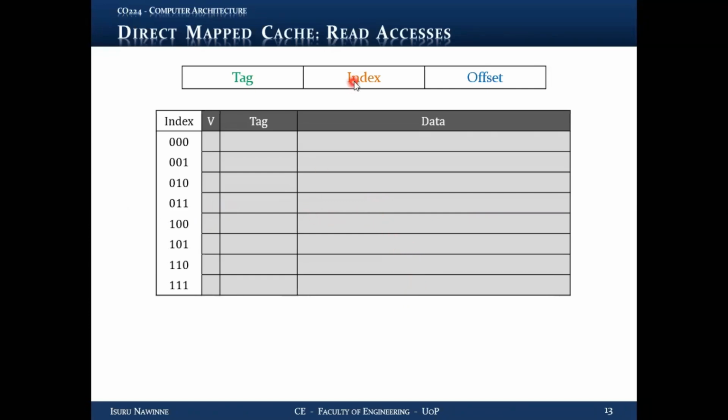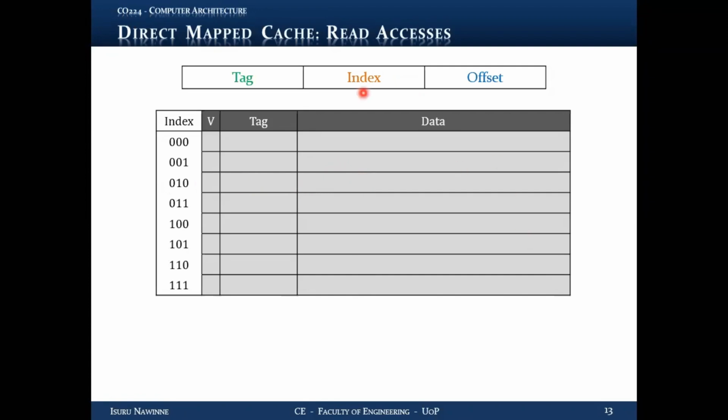The tag part of the address is stored along with the data, and we have to compare the tag of the incoming address and the stored tag to make sure that this is the same block we are talking about. Otherwise, there may be multiple blocks mapping to the same cache entry, and the one in the cache might not be the one we are looking for.